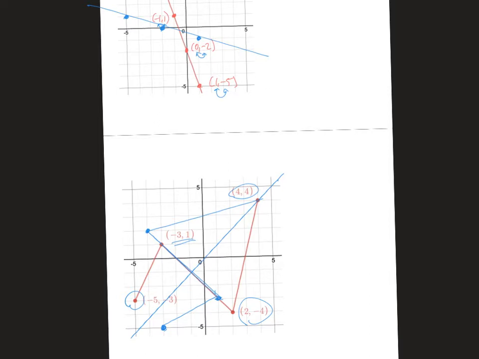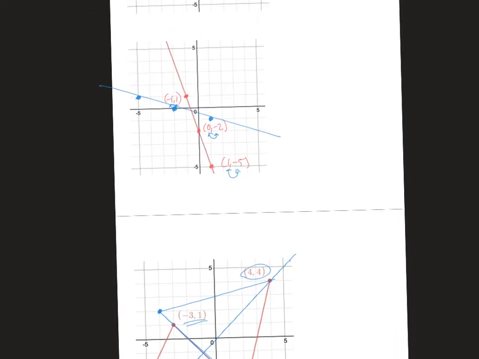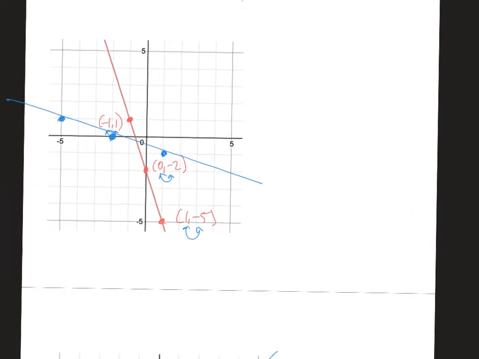Okay, let's go back, just so you can kind of see on the other two. All right, here we go. Switching to a different color pen. Let's see if I can get this to draw right there. That's slightly off, but you kind of get the idea.